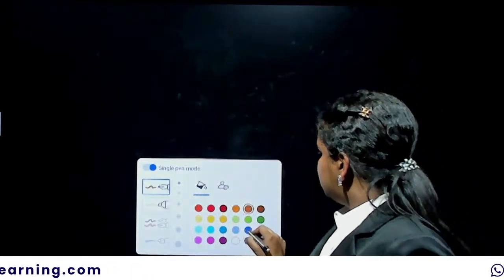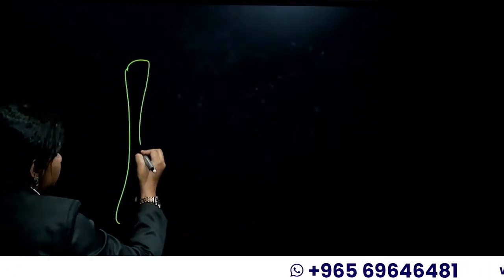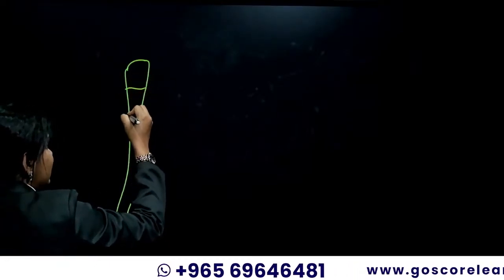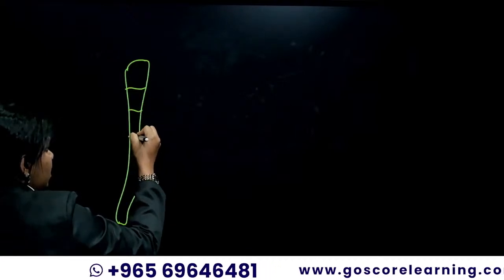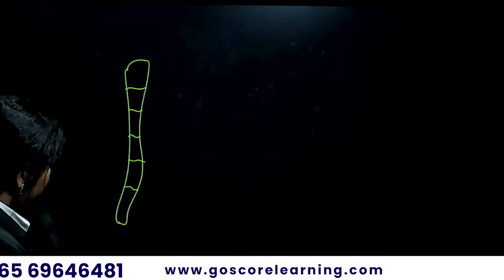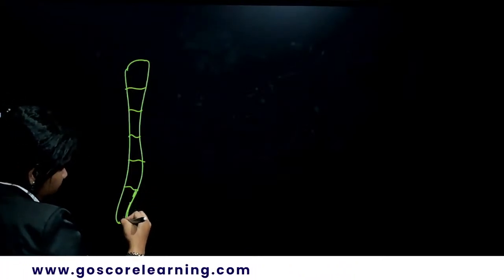Okay, suppose this is a Spirogyra cell. Suppose this is the long filament. When you look at Spirogyra under a microscope, it looks like a very elongated, multicellular organism with a greenish-bluish color.